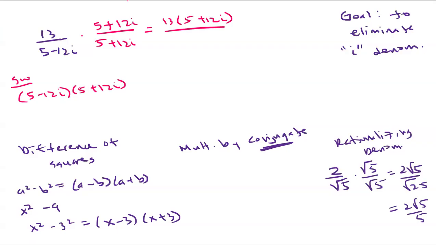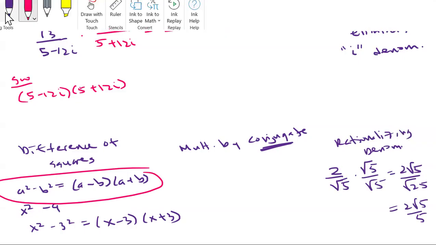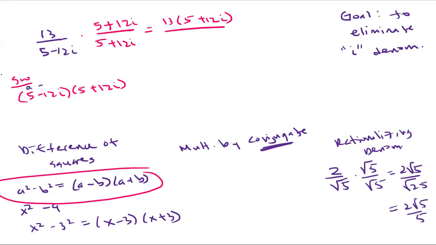Okay. So again, you can use the FOIL method, the distributive method, whatever method you like to multiply this. What I like to do is just use the difference of squares right here. It makes it a lot easier. So this is my a minus b, and then this is my a plus b.